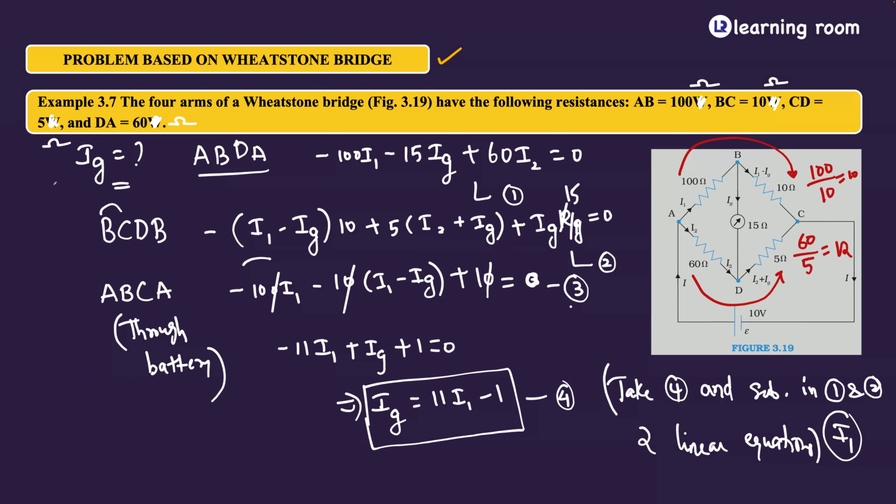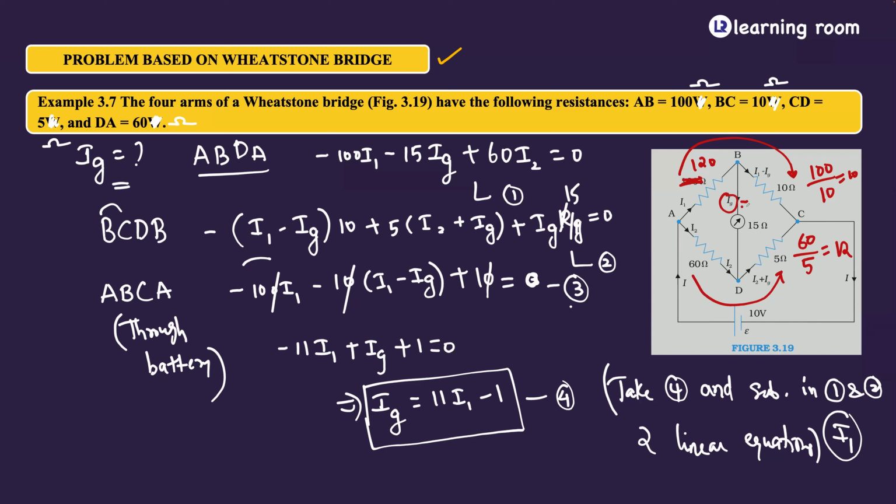So there are two things that you need to know about this problem. One is, here the value of Ig is not equal to 0. Suppose this question comes in MCQ, and here instead of 100, had they given it as 120, then what would be the value of Ig in this scenario? 0, sir.